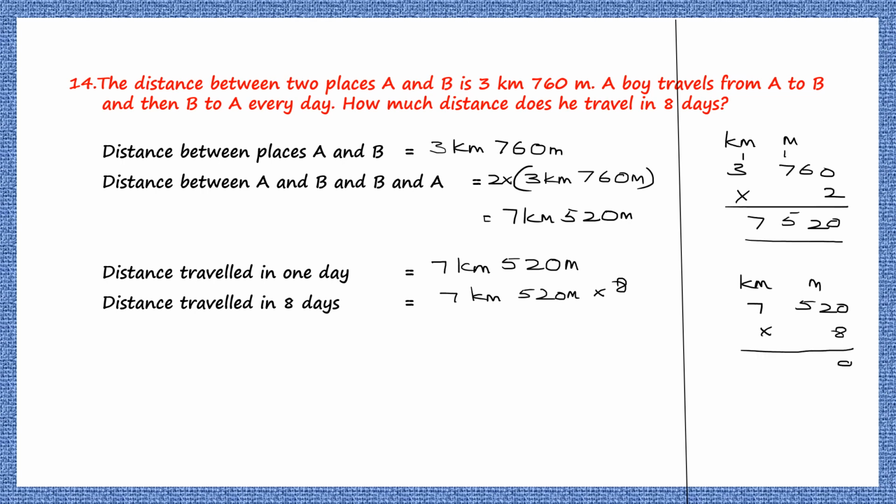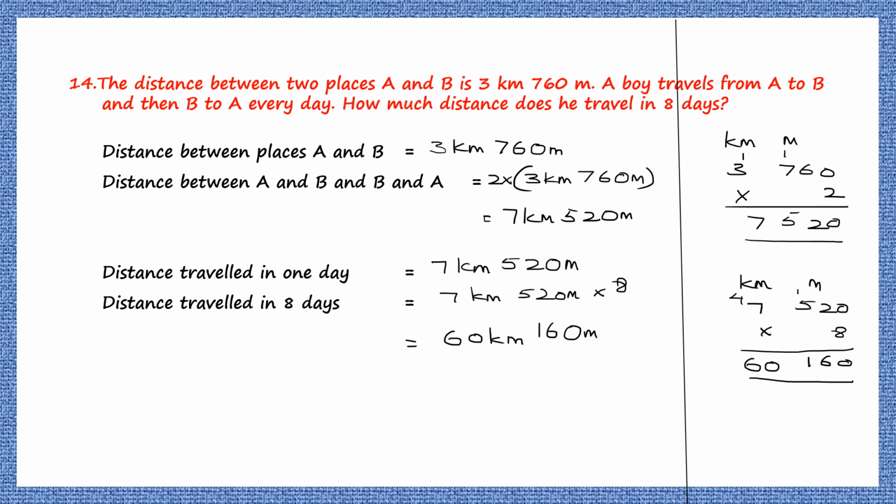So 8 zeros are 0, 8 twos are 16, carry 1, 8 fives are 40, plus 1 41, carry 4, 8 sevens are 56, plus 4 is 60. So the distance he travels is 60 kilometers and 160 meters.